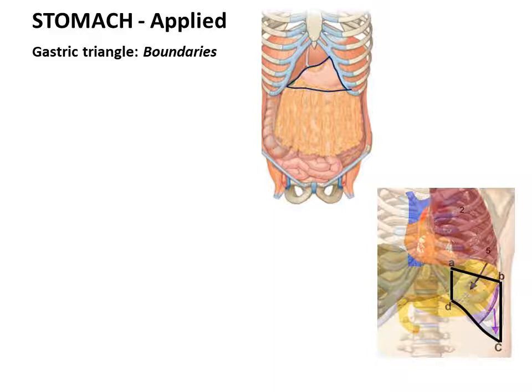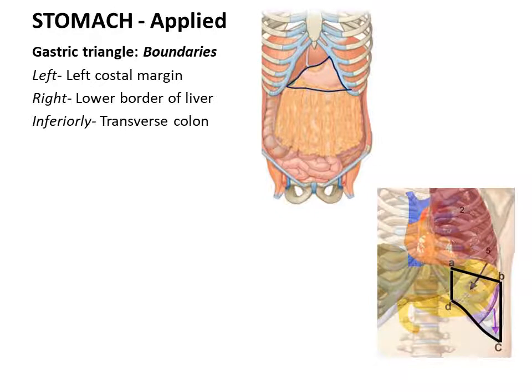The boundaries of the gastric triangle are: to the left lies the left costal margin, to the right lies the lower border of the liver, and inferiorly lies the transverse colon. This gastric triangle is the site for gastrostomy, that is, insertion of a tube into the stomach, usually done to feed patients of complete esophageal obstruction.